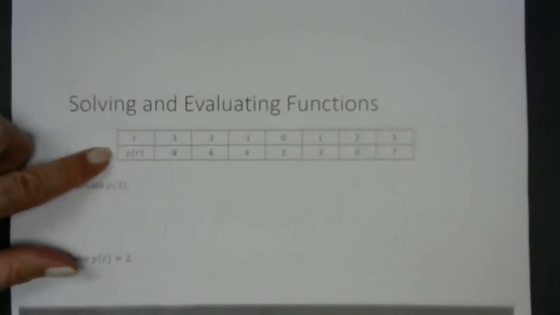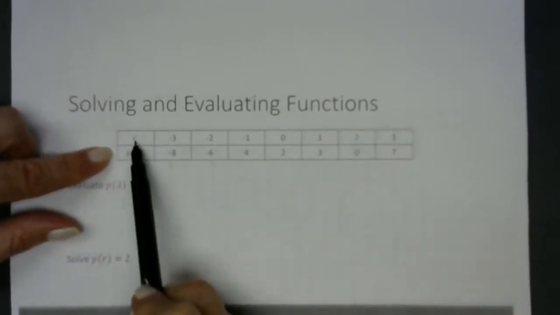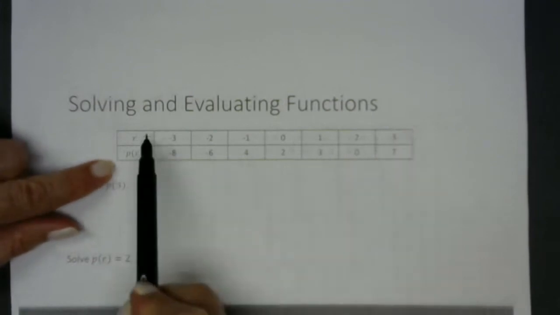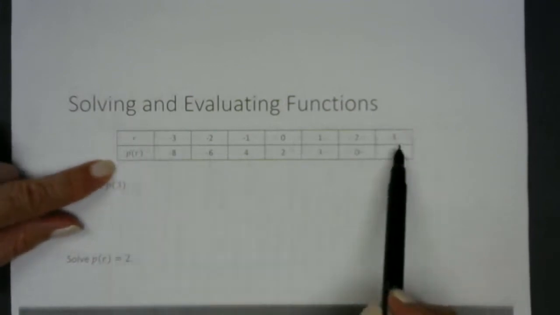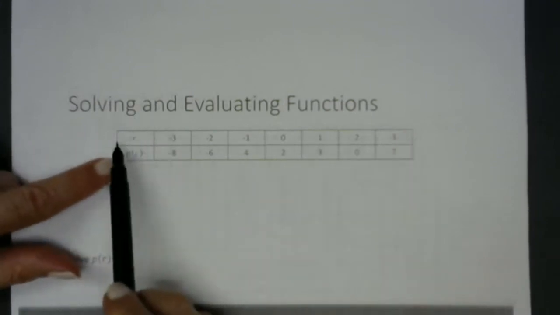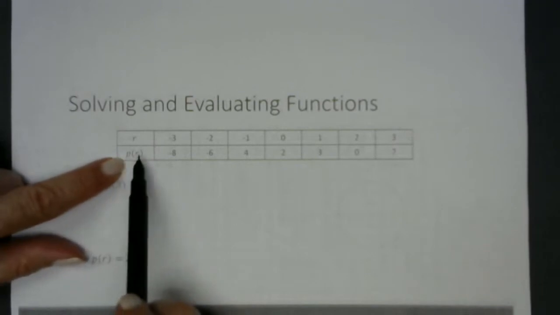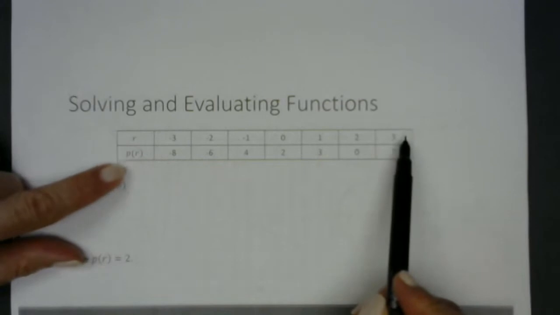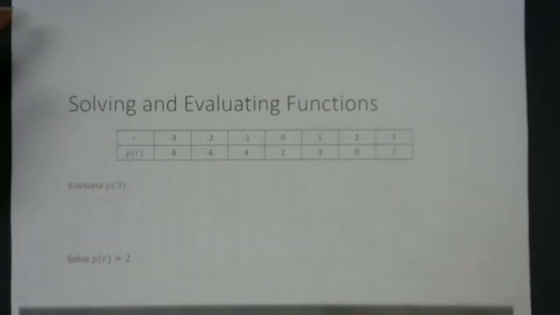So here we have a table. We have some R values in the first row of the table and P of R in the second row. The function here is P. It's expecting R as its input. So the first row in that table is inputs, and the second row is outputs.